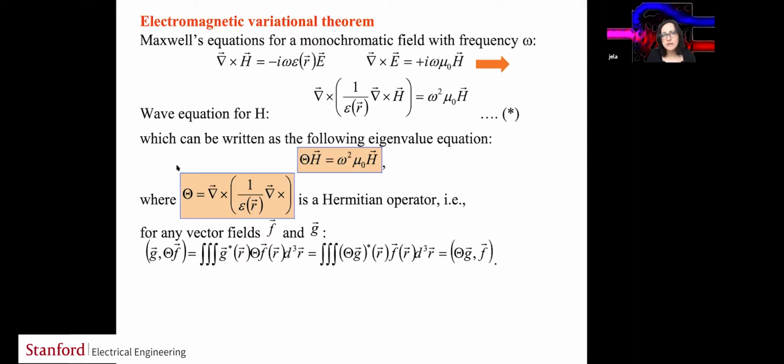And when you look at the operator itself, you see that the operator is symmetric, right? So when you have something like g and then curl of 1 over epsilon curl of f, I mean, curl is kind of differentiation, right? So when you're doing integration by parts, you will be moving that differentiation or curl from one function to another.